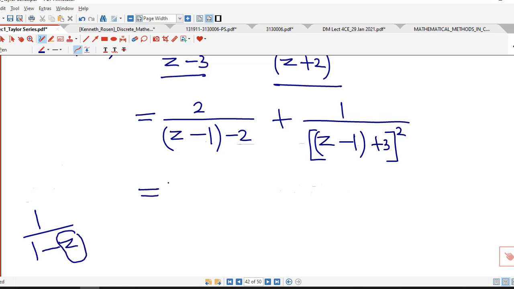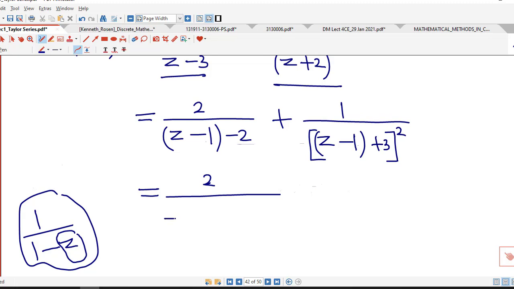Instead of z, we have to set these two functions in this form. So first we require 1 minus something. For that we can rewrite this denominator here.